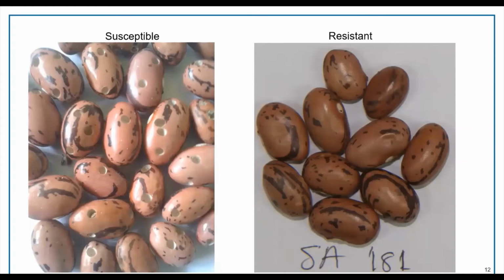We're excited about this line because the seed type is the type which is preferred for us here in Zambia, but we are also anticipating it to be acceptable for our consumers, say in Malawi. But this is just one of the crosses, and again, it has some sort of testing. It is for the proof of concept that indeed we can move this resistance from this resistant line to deploy it in various market classes. We are currently doing seed increase of this particular line.